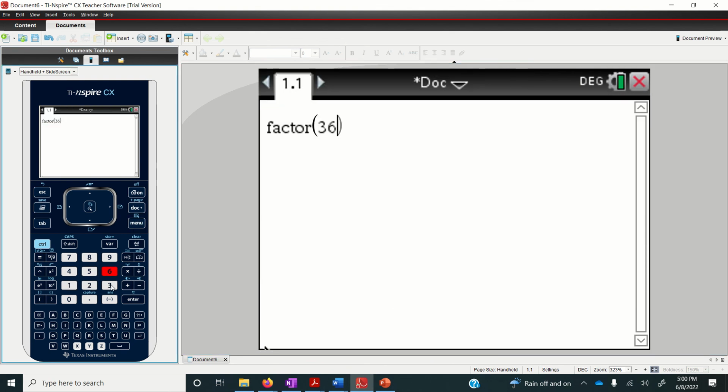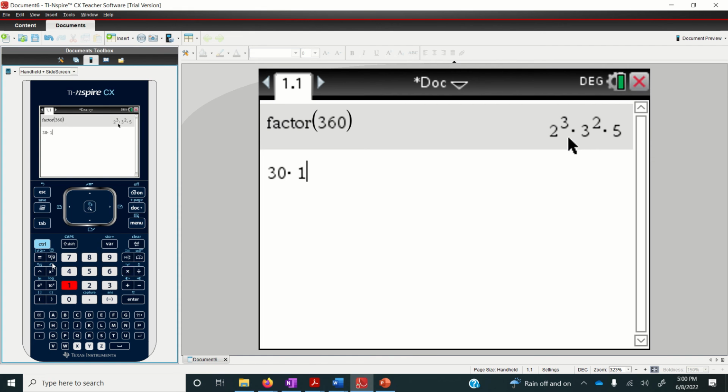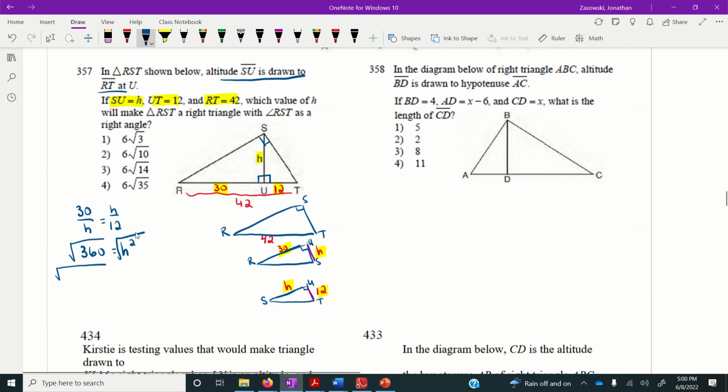We can type in our number and it will give us the prime factors. So there's 3 2s, 2 3s, and a 5. And if you really need to, you can always multiply to get the number we need. So 3 2s, 2 3s, and a 5.